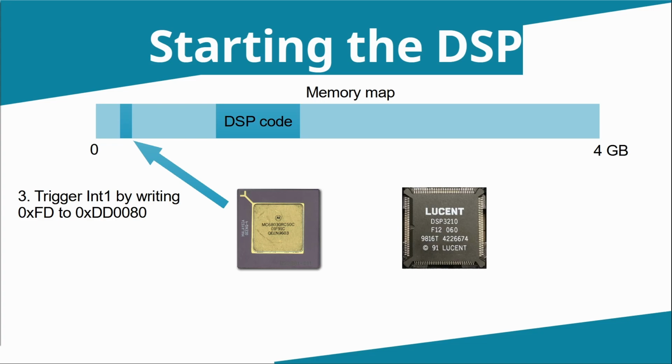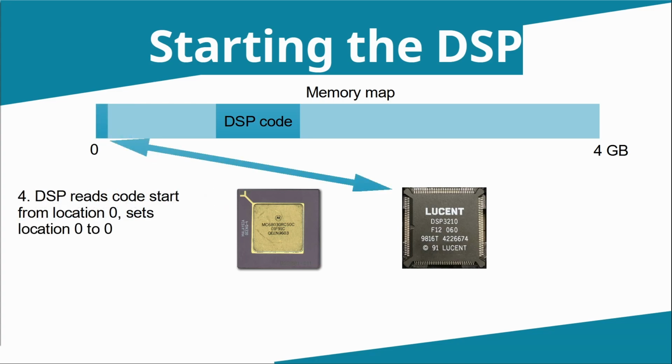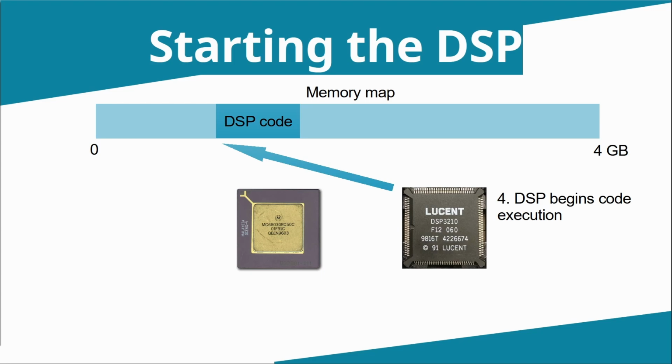That takes the necessary bit low, which triggers the interrupt. At that point, the DSP sparks into life. It reads in the code start location from where we previously saved it, and then overwrites the value in location 0 back to 0. So that becomes a flag for knowing that the DSP is active and doing something. And then the DSP begins code execution, and off it goes.